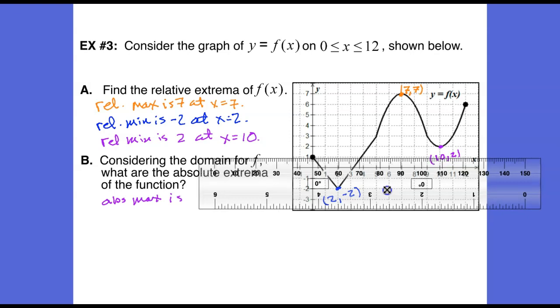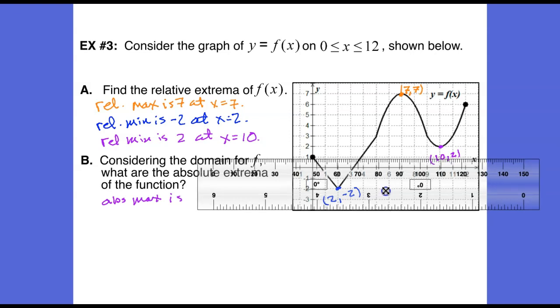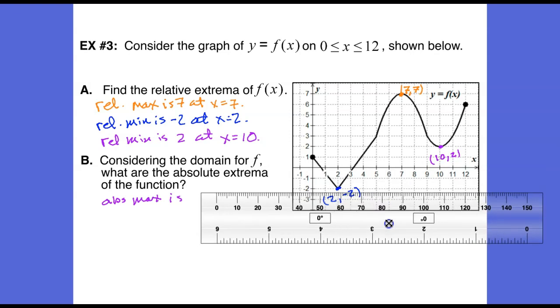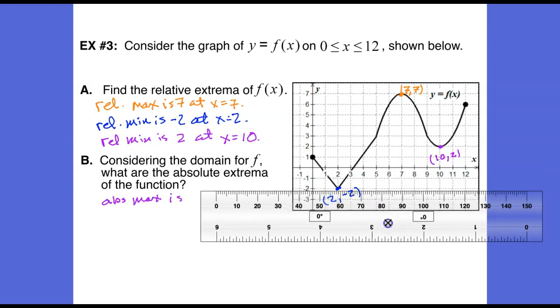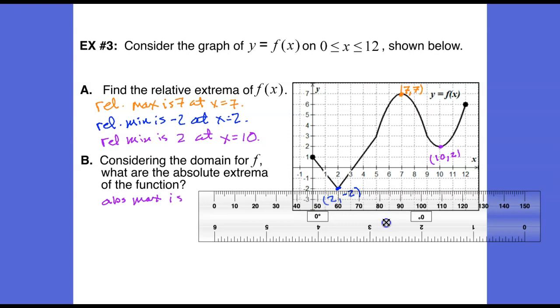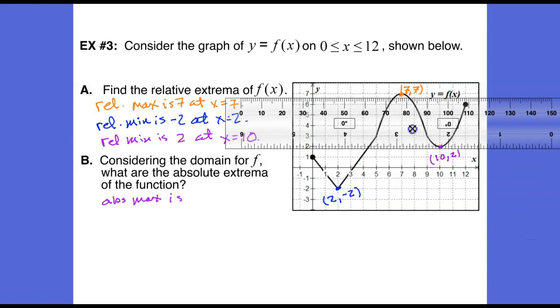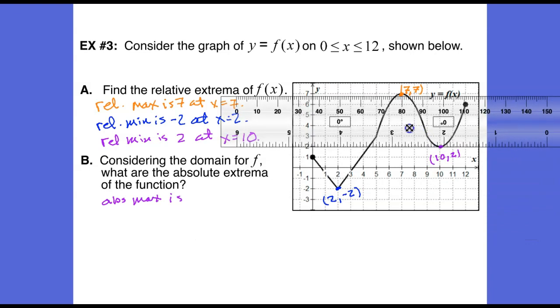And so 1 is definitely not going to be our maximum for this function. Now the lowest possible point on this function, as described, seems to be -2. And so I think that'll be our absolute minimum. And then we have y equals 7 located at x equals 7.